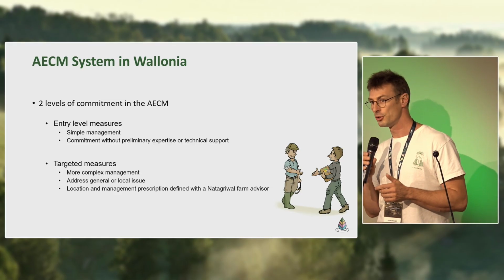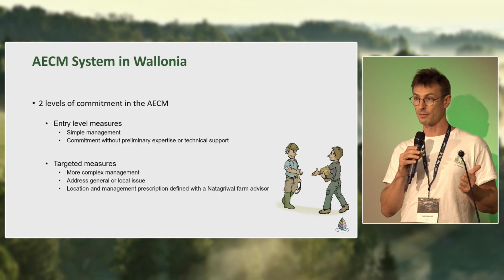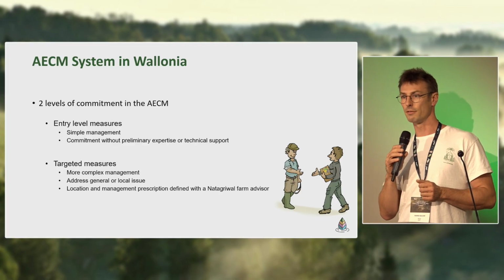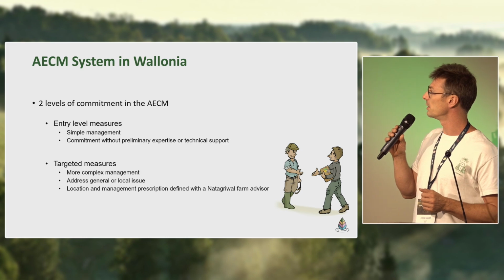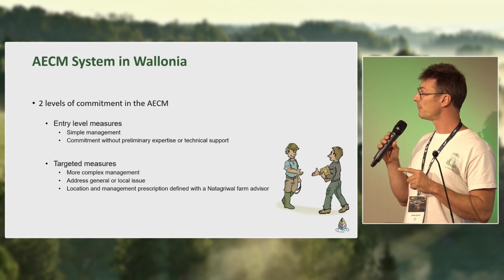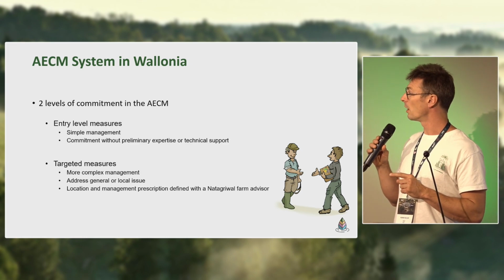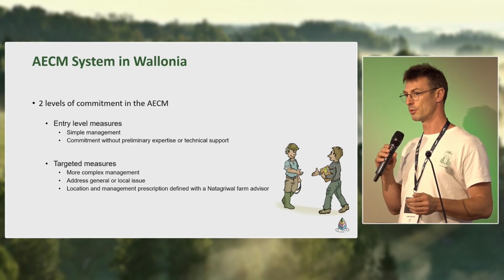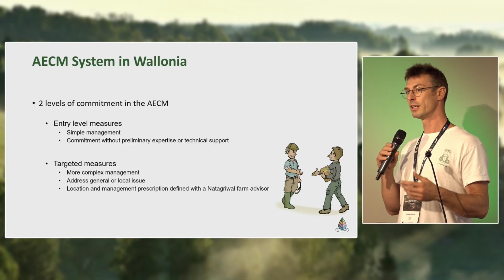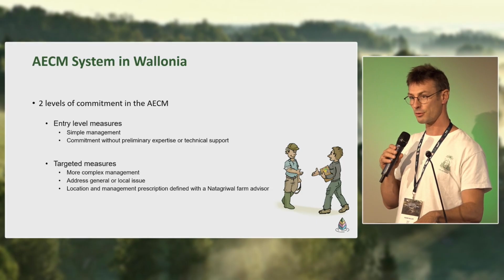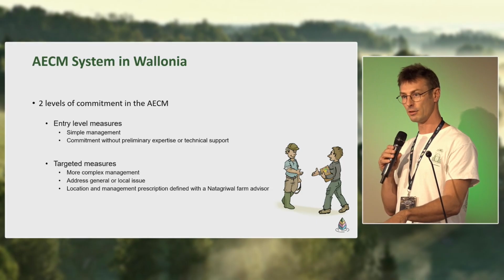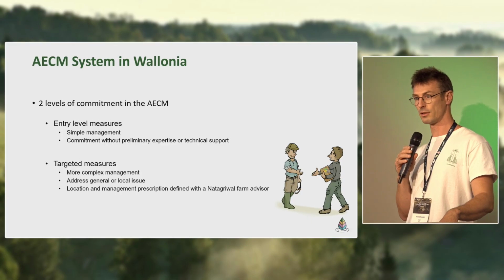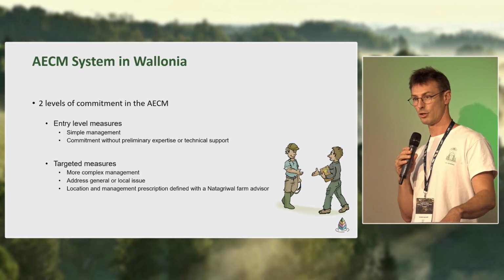The specific issue can be the occurrence of specific species in the landscape, the occurrence of an erosion problem or something similar. And to implement this target measure, they need to meet one of my colleagues, who is a farm advisor, and together they will identify the local issue and what kind of scheme we can put on their farm. And they decide together which location they will choose.